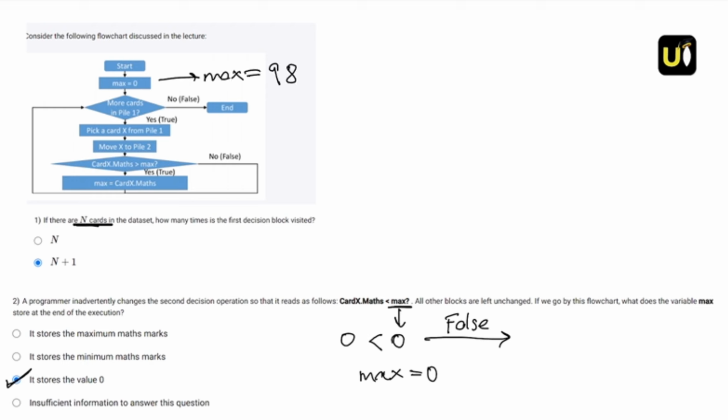Let's say in our data nobody has scored greater than 98. So it would go to false every time, and max will store 98 at the end. But in case someone has scored something like 99 or 100, then it will go to yes here, and the value of max will be updated to these values.